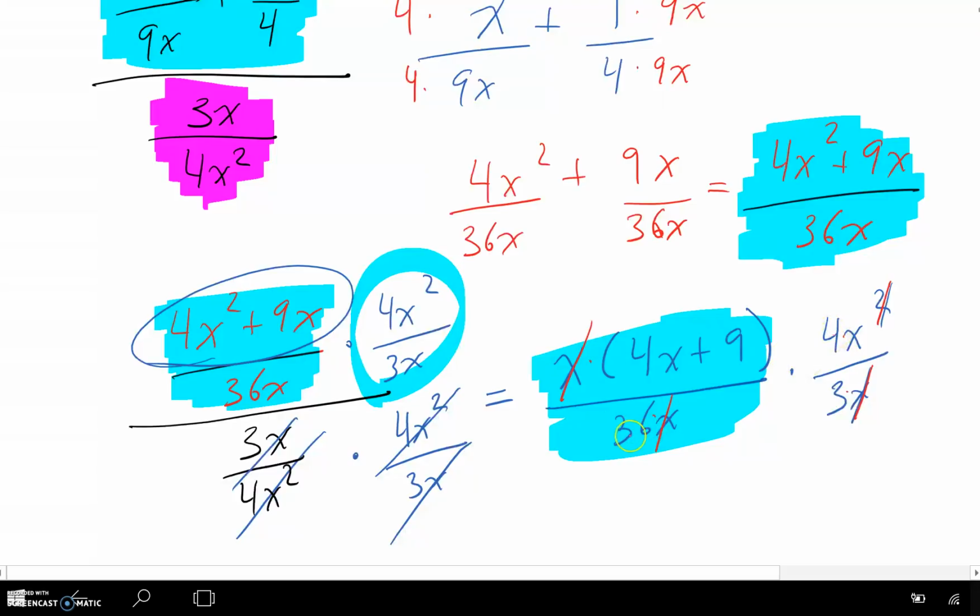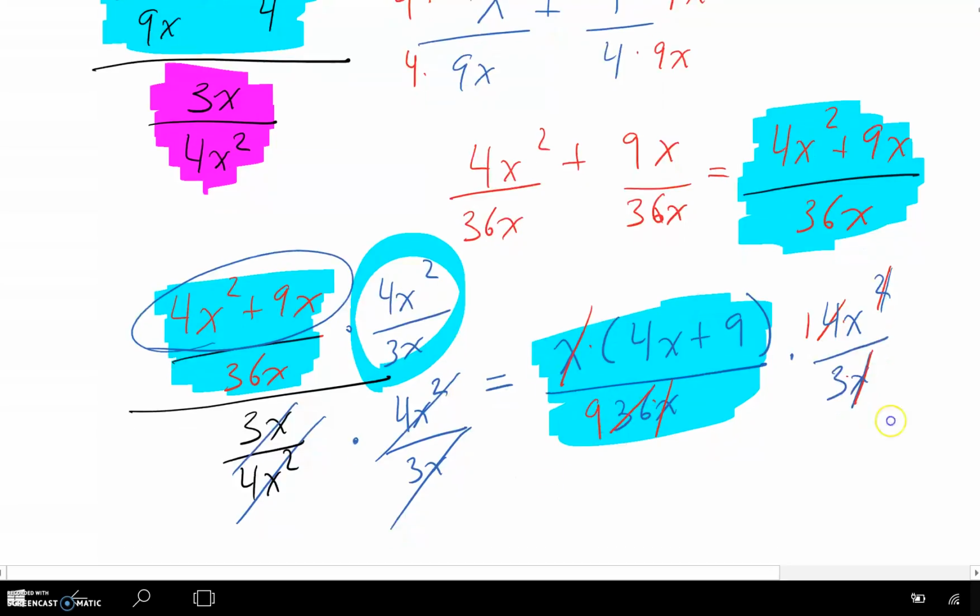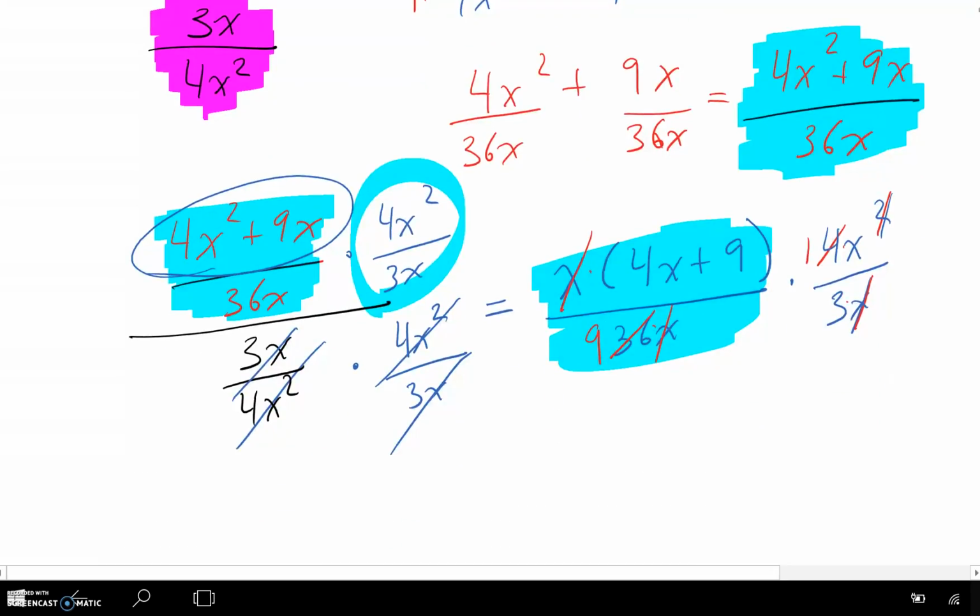I see a 4 and a 36. 4 goes into itself once, but it goes into 36 9 times. Now again, you can do all the simplifying at the very end before you get your final answer. I like to do it now just because again with proper practice, aka doing your homework and challenging yourself and doing extra additional exercises even when it's not required, I now have the eye to be able to see these clearly.